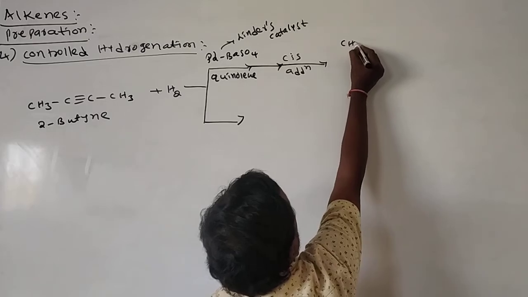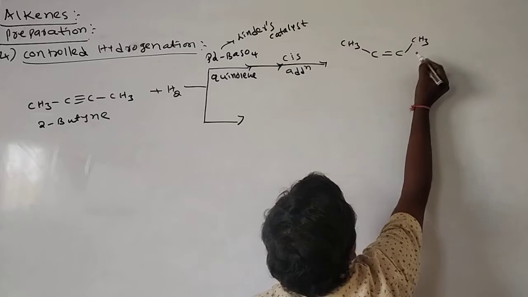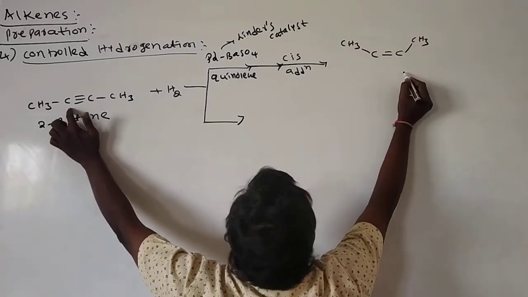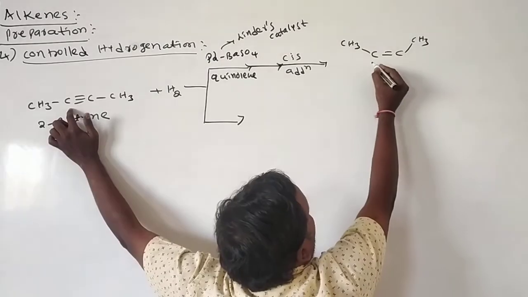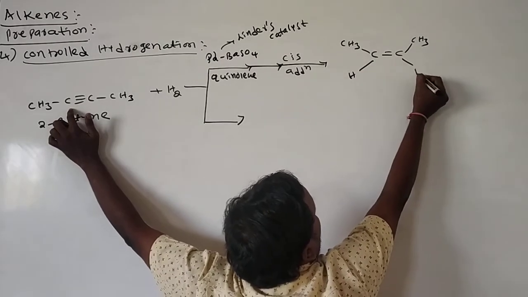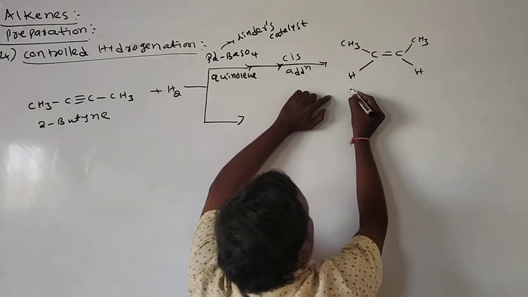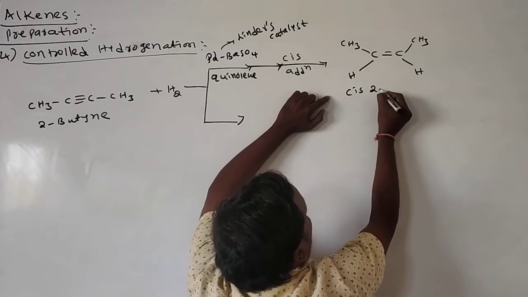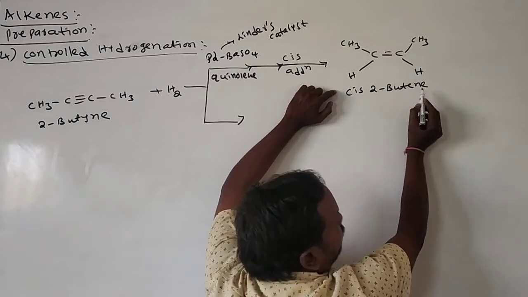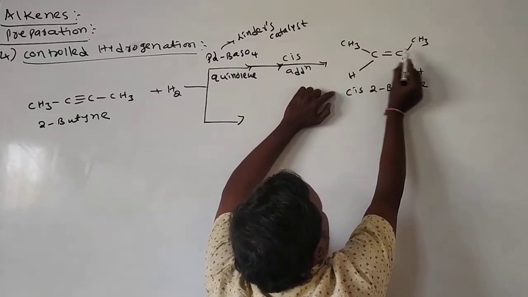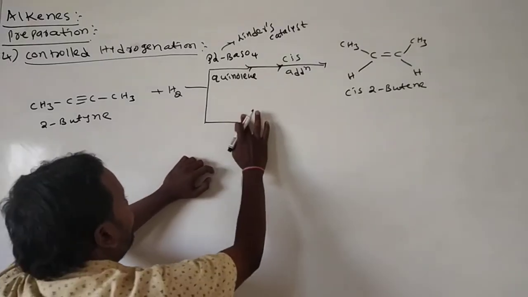See that compound, CH3 C double bond C CH3. These two hydrogens add on the same side, for example from below the plane. This we call cis-2-butene. Why do we call it cis-2-butene? Both the same groups are present on the same side, so we call it cis-2-butene.